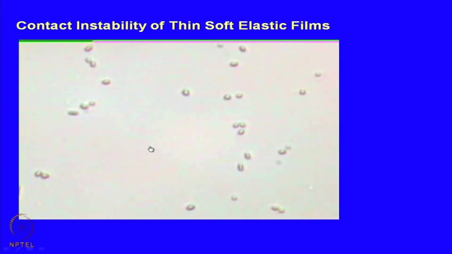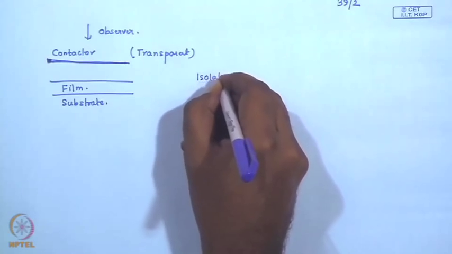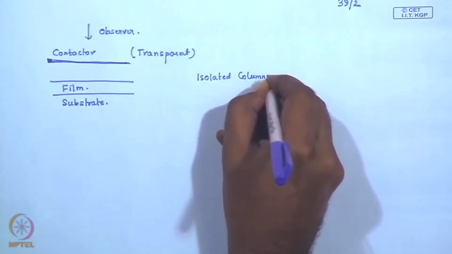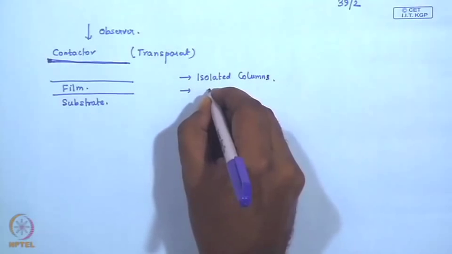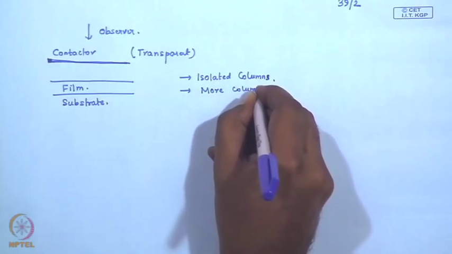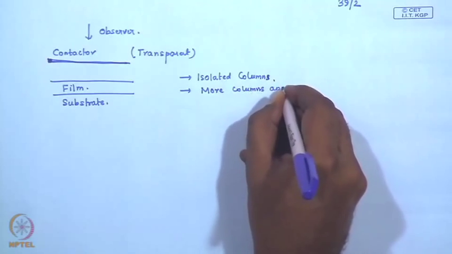So, let us note down what are the things we see. First, we see some isolated columns, then more columns appear.